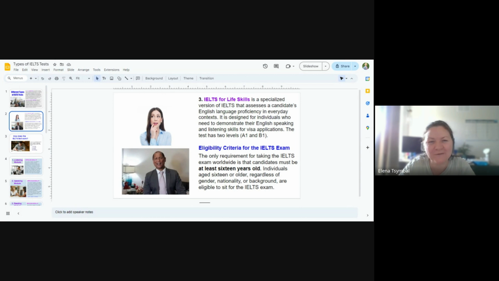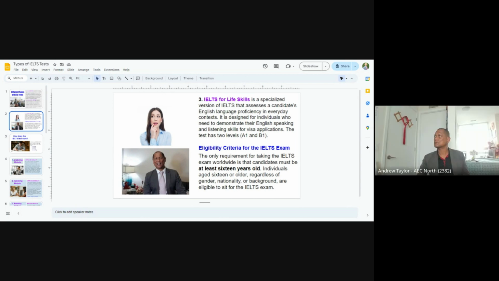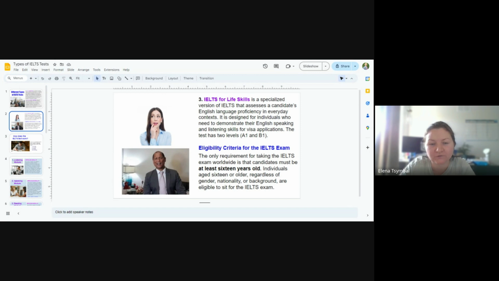So, eligibility criteria for the IELTS exam. The only requirement for taking the IELTS exam worldwide is that candidates must be at least 16 years old. Individuals age 16 or older, regardless of gender, nationality, or background, are eligible to sit for the IELTS exam.